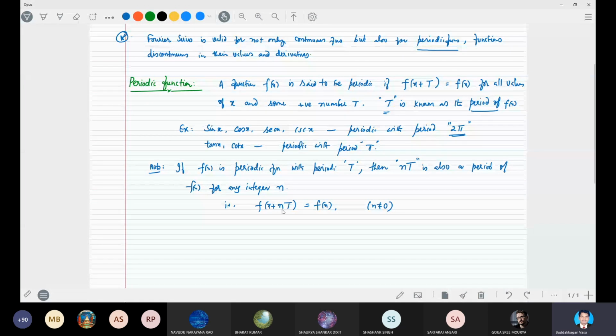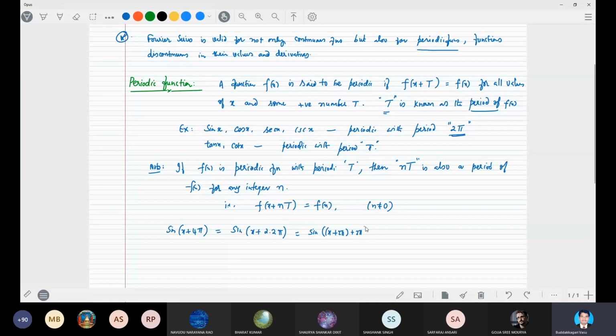Suppose sine of x plus 4 pi is equal to sine of x plus 2 into 2 pi, which is equal to sine of x plus 2 pi plus 2 pi.